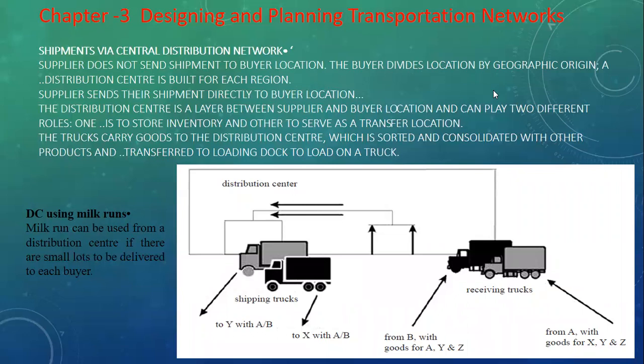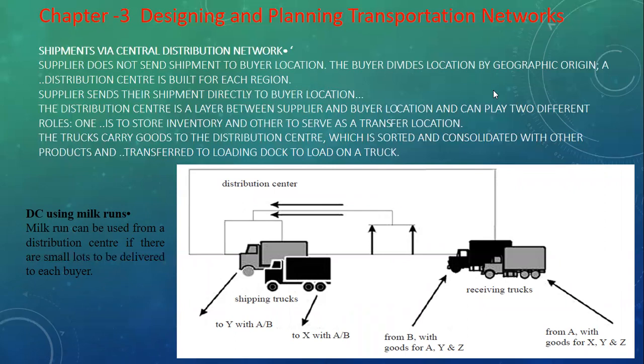So in the central distribution network there are two roles: first, you can manage the stock at the distribution center, and second, it serves as a transport option. It means you first locate the centralized location, and from there, as per the order, it decides where to deliver the shipment. This is the central distribution network system.